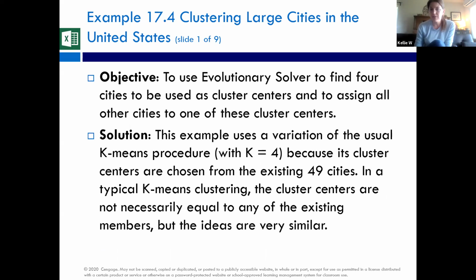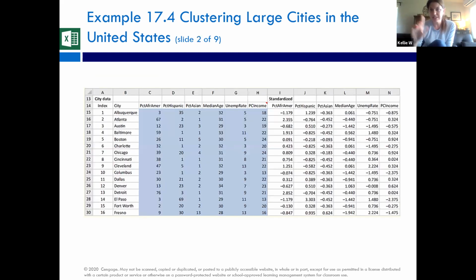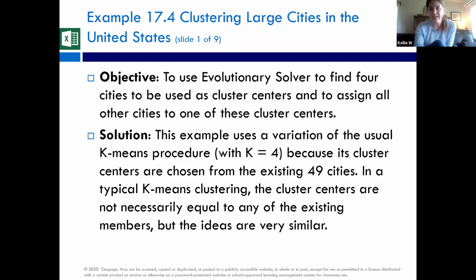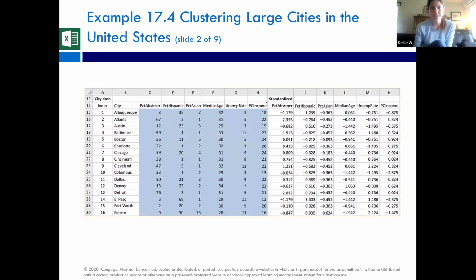In typical k-means clustering, the cluster centers aren't necessarily equal to an existing point, but in this case, we've set it up that way, but the idea is still the same. All that's saying is that in true k-means clustering, the cluster center doesn't have to be a member of the data set.